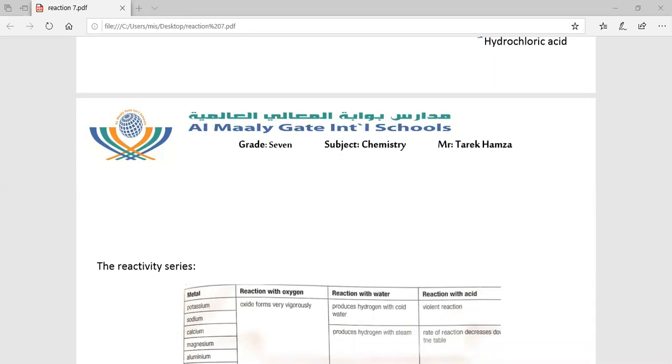We saw this example when sodium, Na, reacts with HCl to produce NaCl plus hydrogen. So sodium here replaced hydrogen and took chlorine from this structure, forming sodium chloride, and hydrogen gas is evolved.